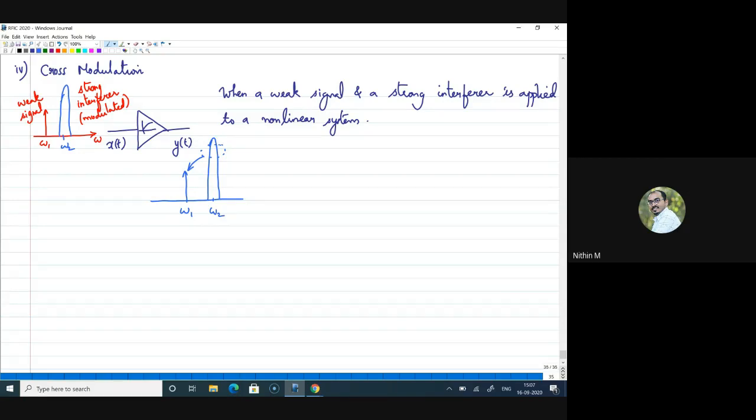Let me picturize it in this form, something like this. So modulation is getting transferred, that means the original data is corrupted. So this is a nonlinear effect.